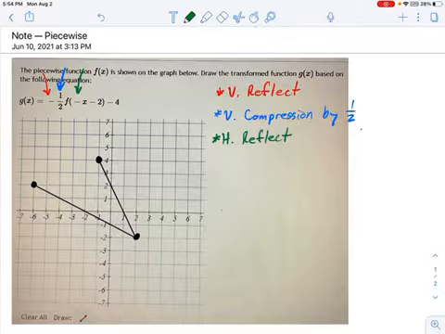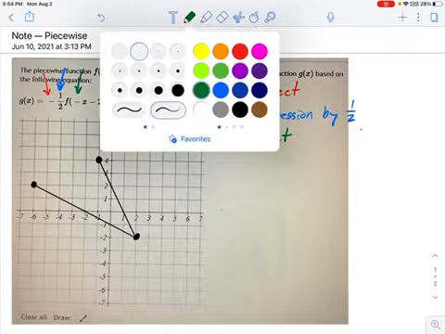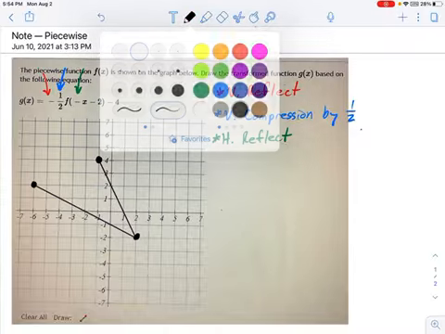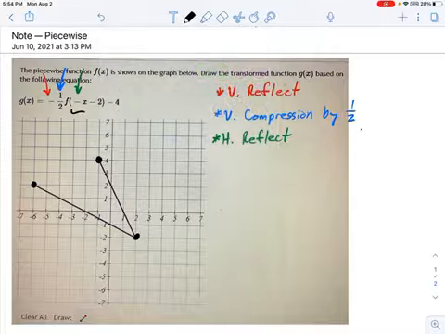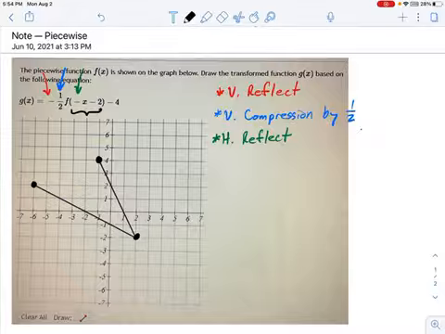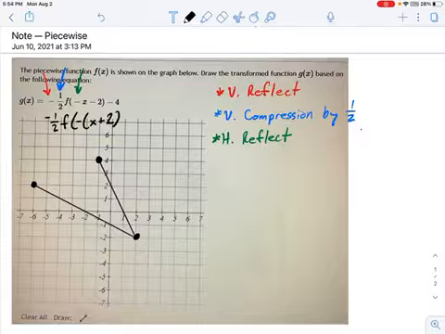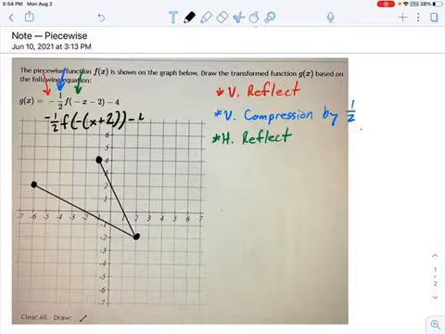And what's more than that, we have an equation here that was written in an intentionally tricky way. If you look here, see this negative x minus 2? We really want to factor out that negative sign. So let's go ahead and do that before we get much further into this. This is negative 1/2 f of negative x plus 2. Okay, see how I did that factoring right there?